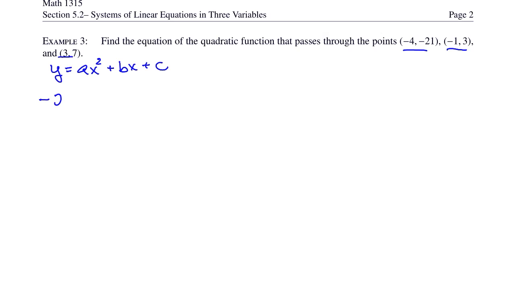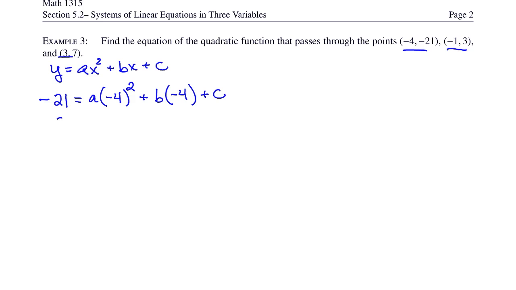So from this first point, -4, -21, -21 is the y, and -4 is the x. So it's going to be a times -4 squared plus b times -4 plus c. For the second equation, we plug in the second point.